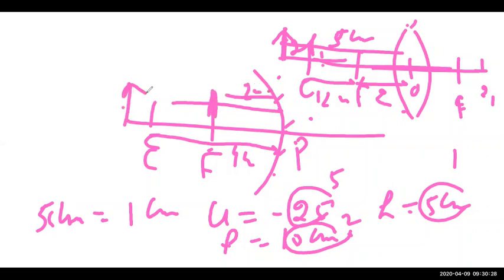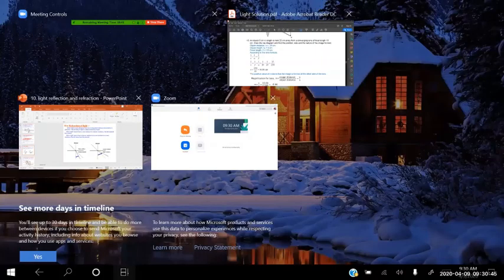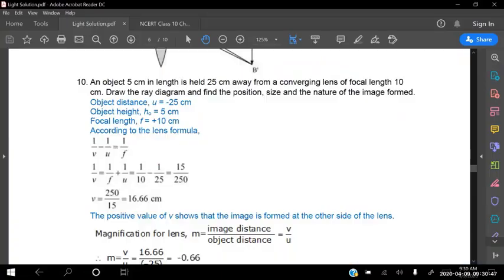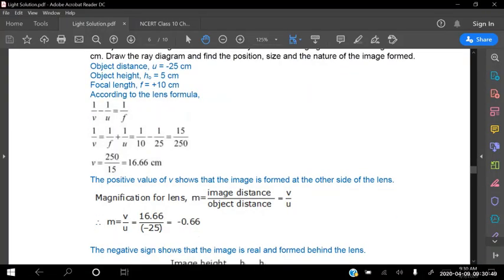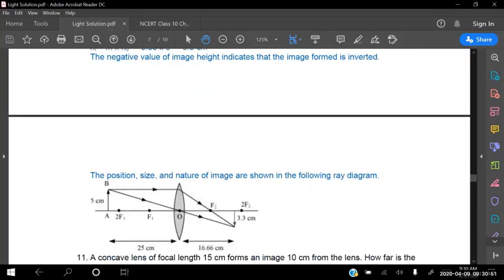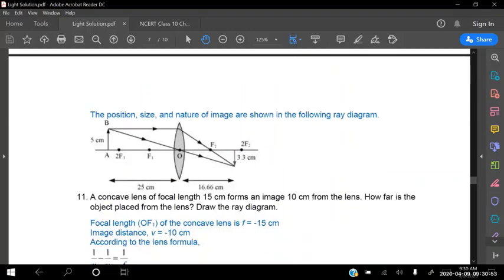And this will be 5 centimeter. And this part will be 1 centimeter. So by this, you will complete the diagram. If they ask you to draw the diagram, then you can follow these steps. Otherwise, you just solve the question and show it by this method only. You will get this size when you draw.